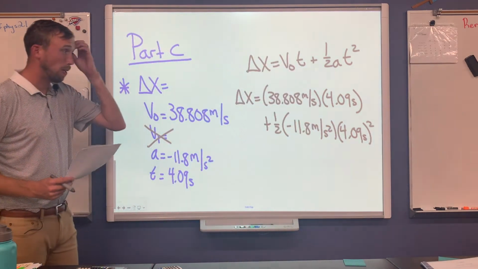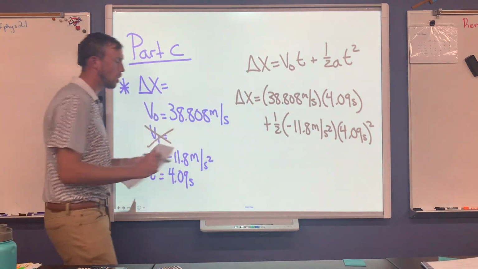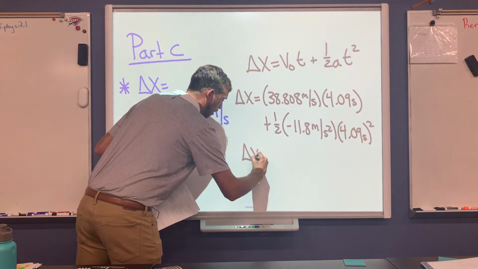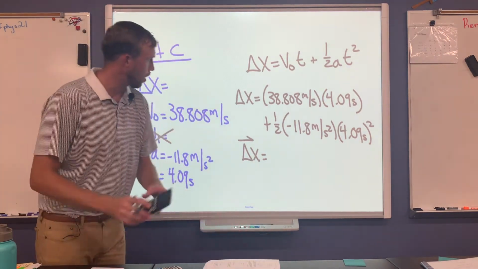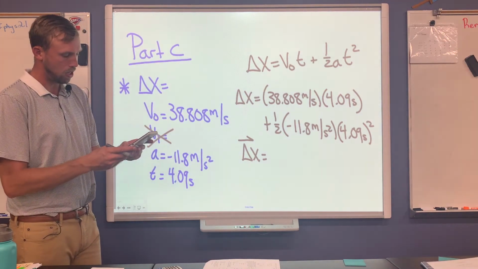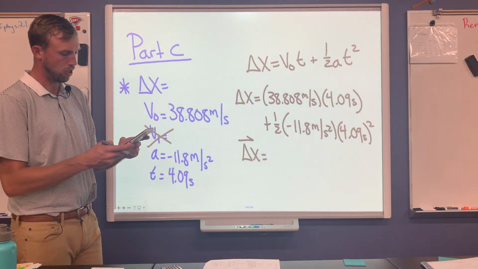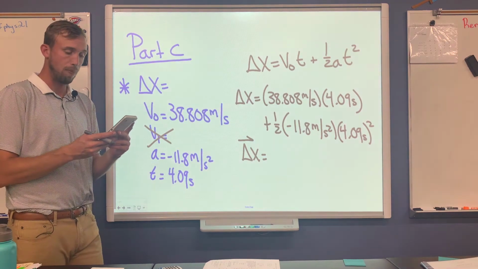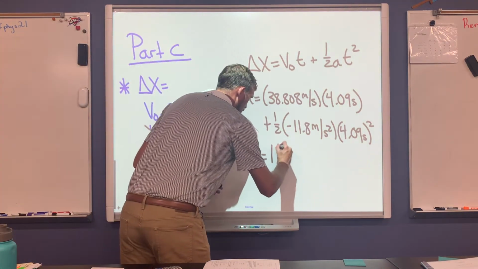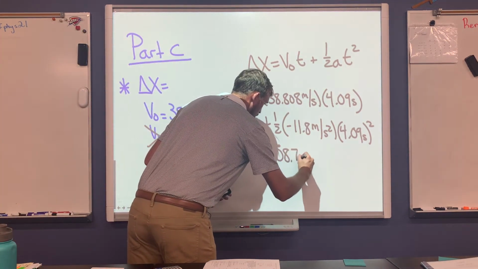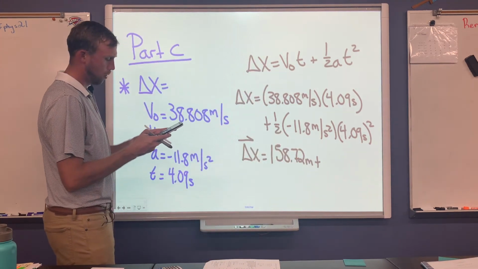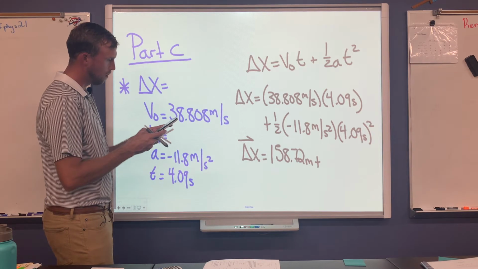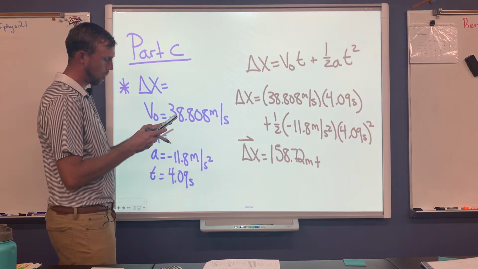Okay, so now I should be able to solve each portion of my equation and then add those values together to get my overall delta x. Okay, so my first part is going to be 38.808 multiplied by 4.09. I get 158.72 plus 1/2 multiplied by negative 11.8 multiplied by 4.09 squared.